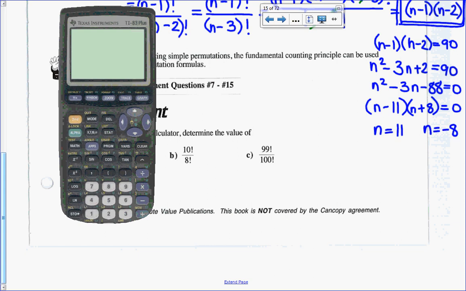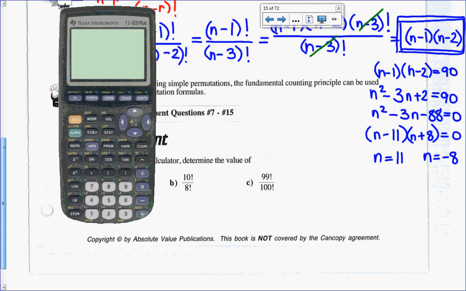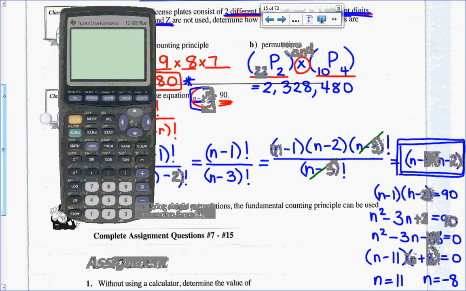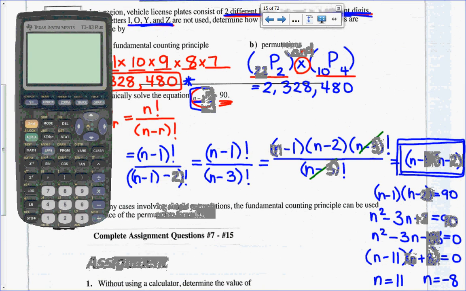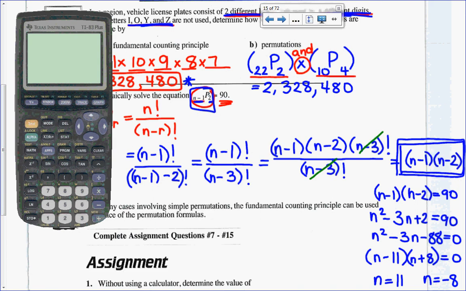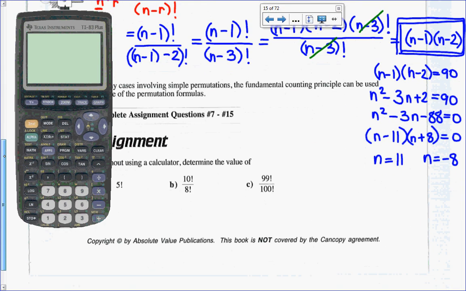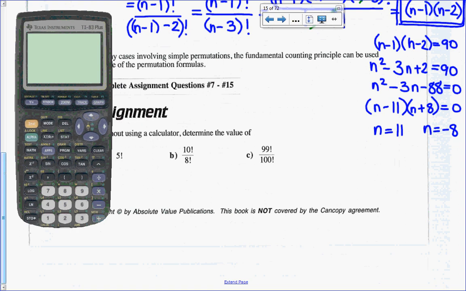Okay, well, going back to my original equation, I know that my n cannot be a negative number, and so I'm going to reject the negative 8 and know that my n has to be 11, because n has to be a natural number, a counting number.